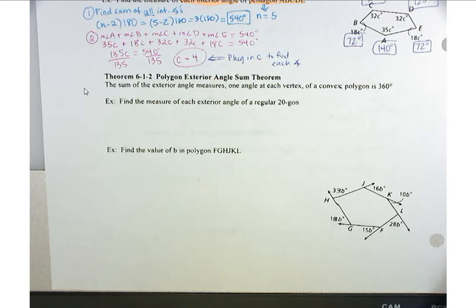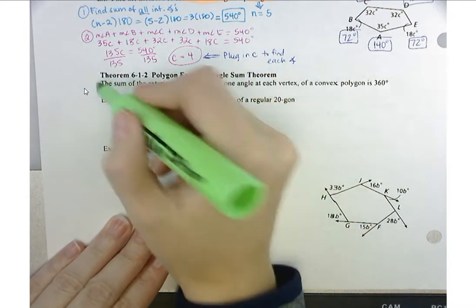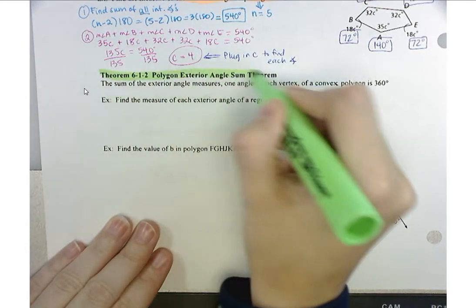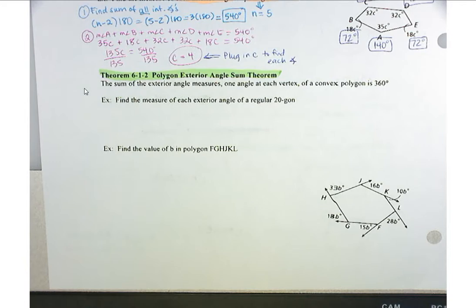All right, so everything we just talked about was about the interior angles of a polygon, but we also have a special rule for the exterior angles. And on one of the worksheets you did earlier, you've already investigated this a little bit this year. The sum of the exterior angle measures, one at each vertex, is going to be 360.